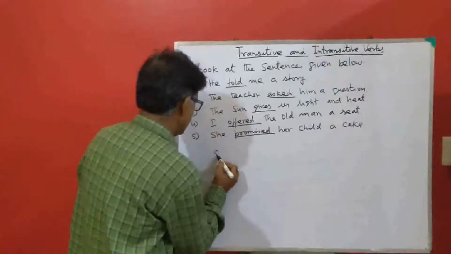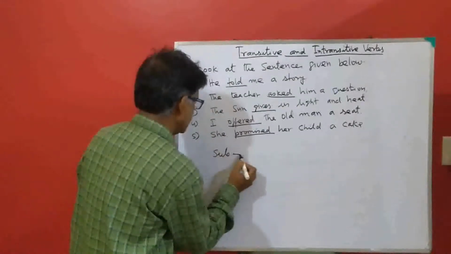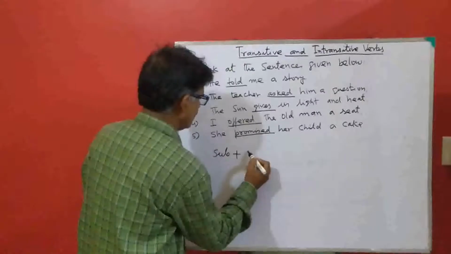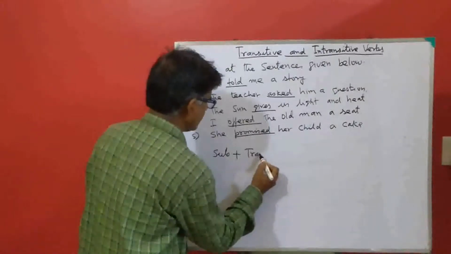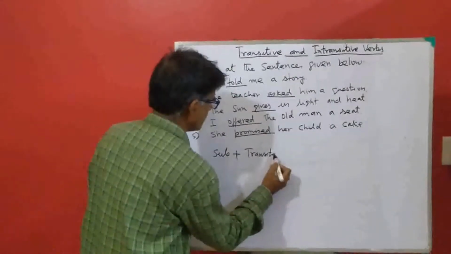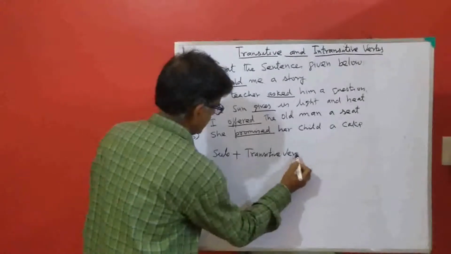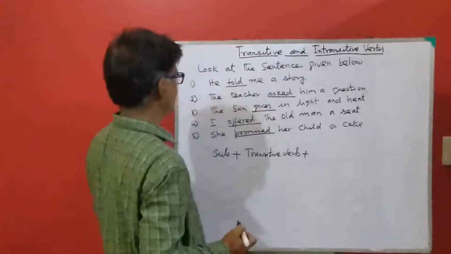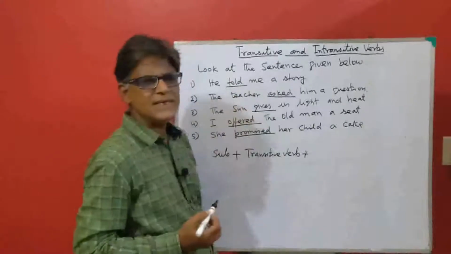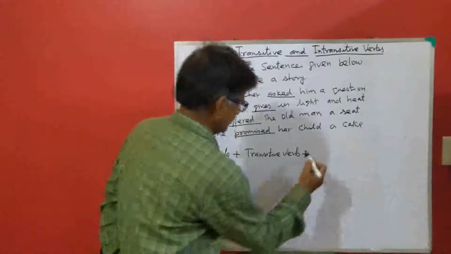He, subject, told, transitive verb, plus me. Me is indirect object.